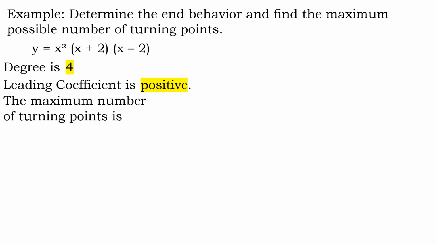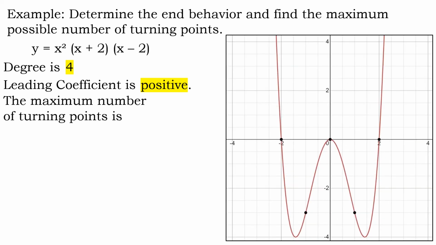How many number of turning points? So, if the degree is 4, 4 minus 1, the number of turning points is, tingnan natin dito sa graph niya. Ito yung graph niya. So, if you observe carefully, tingnan natin yung turning points niya. 1, 2, 3. So, the maximum number of turning points is 3.